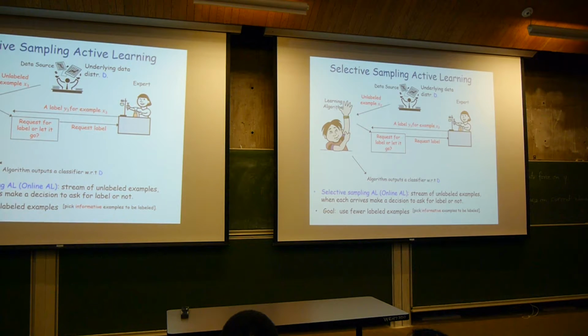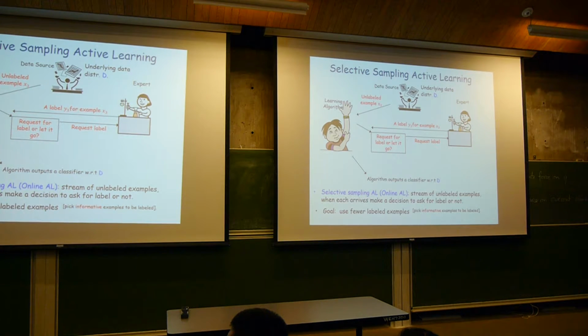I should mention, for my presentation today, I want to think about a distributional setting where I have a source of data and I want to achieve low error with respect to a distribution. Actually, this online selective sampling has also been analyzed in an adversarial scenario where you try to minimize regret but ask for as few examples as possible. Applications of the type you mentioned, like search engines, would fit that type of model perfectly.